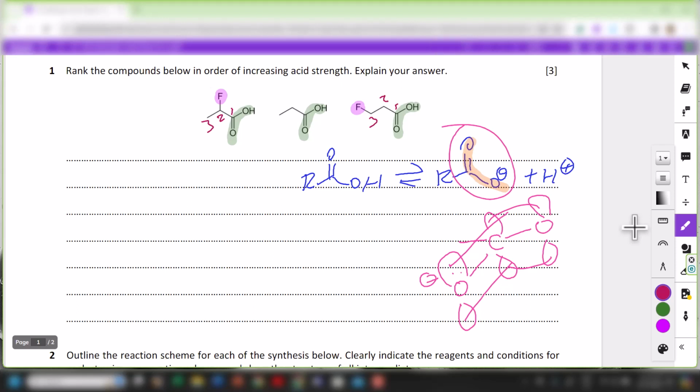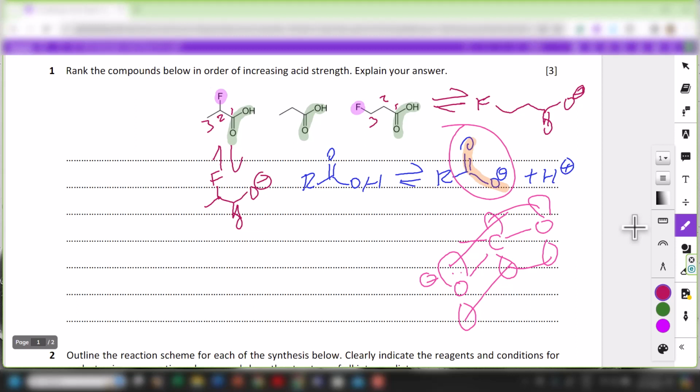So if it ionizes to the carboxylate anion, the fluoro group is closer to the carboxylate anion, for the conjugate base of 2-fluoropropanoic acid as compared to the conjugate base of 3-fluoropropanoic acid.